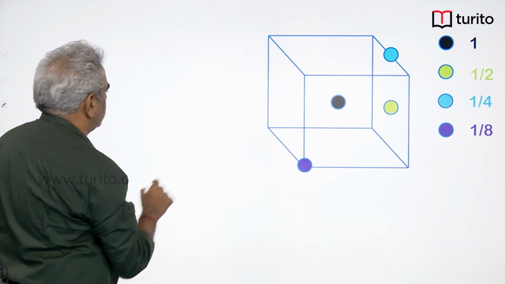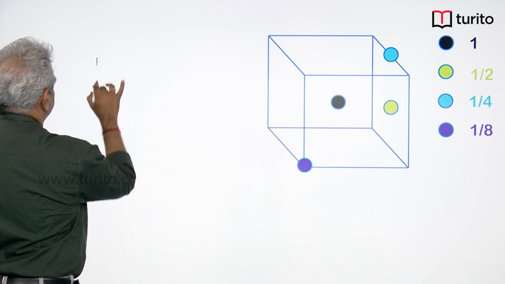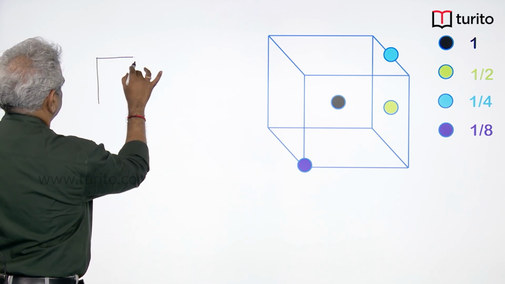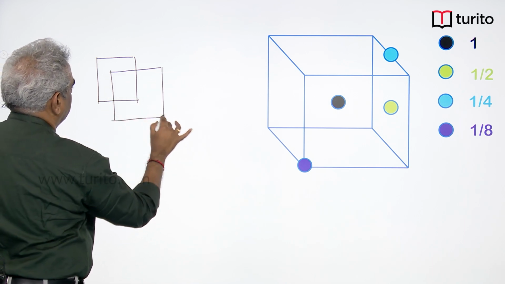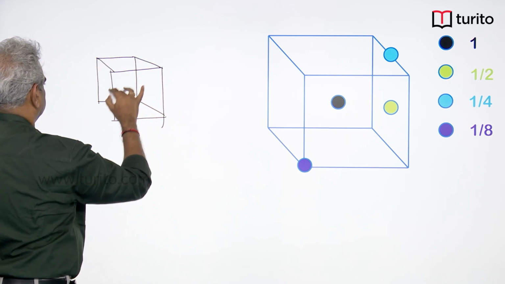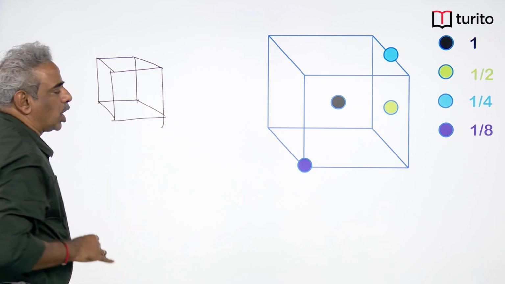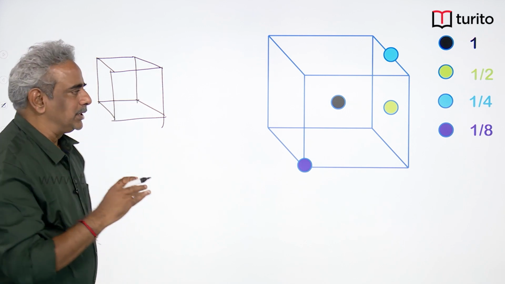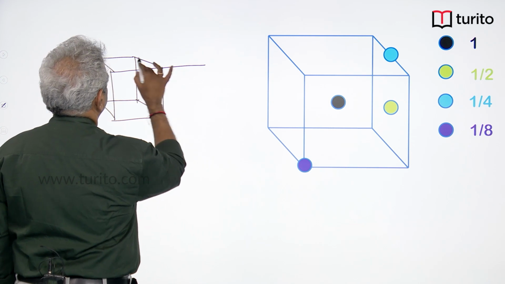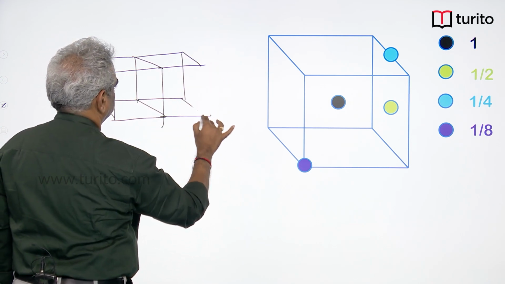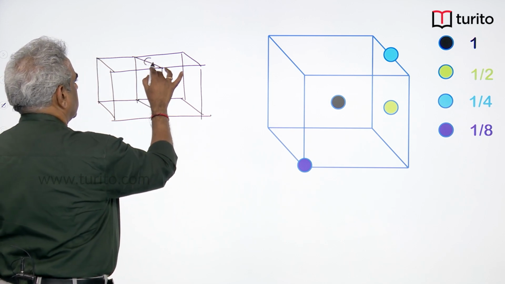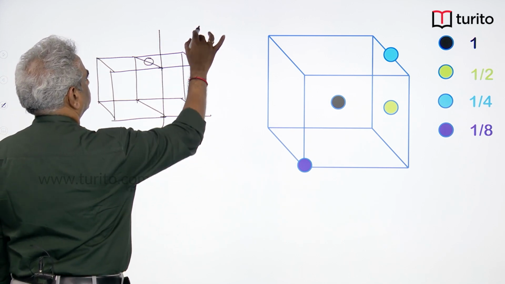Now, you see the edge. See, if you take the edge of a unit cell, this is common for 4 unit cells. I am just reminding you, this is the one.